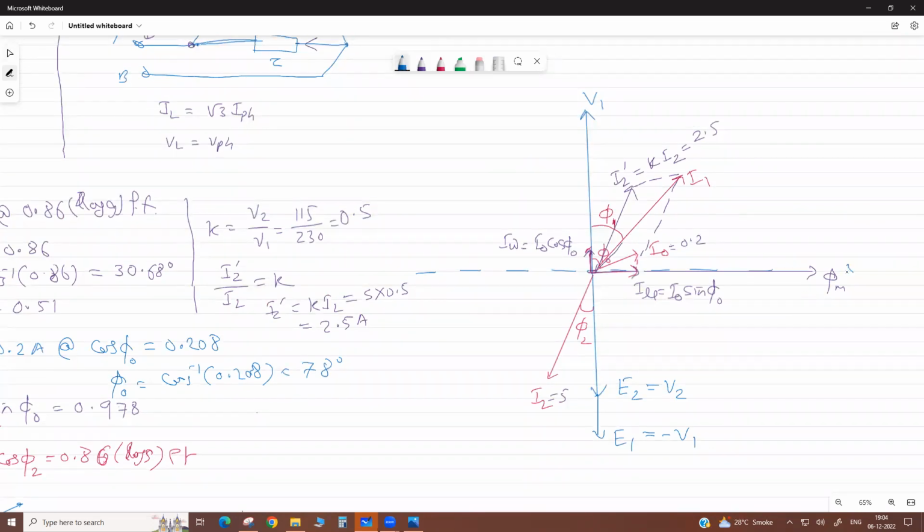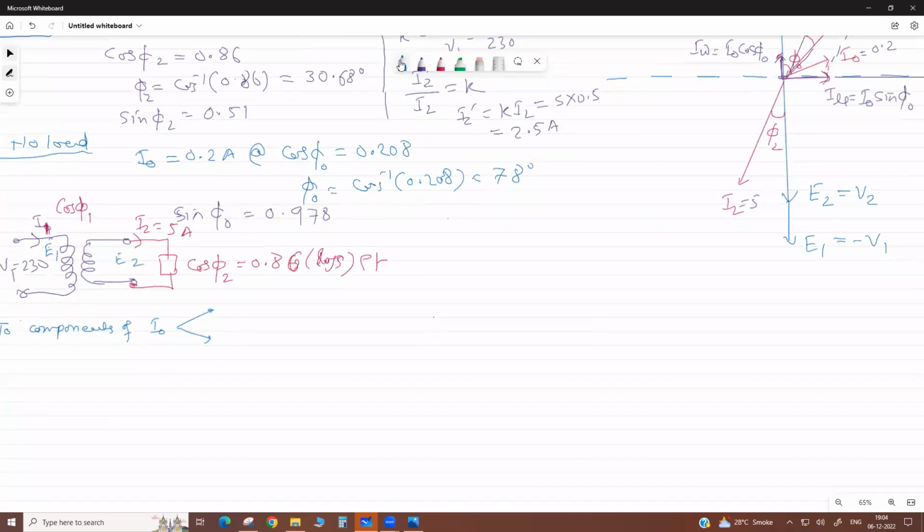This is your x-axis, this is the y-axis. So how can we calculate these two components? Along the x-axis we have I naught sine phi naught.